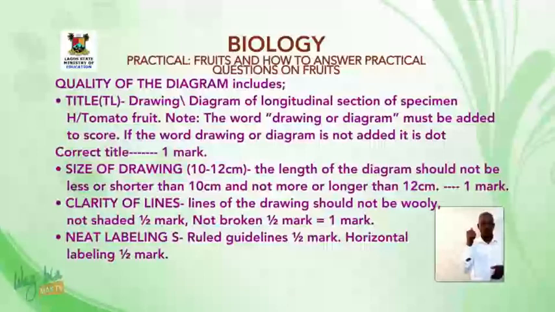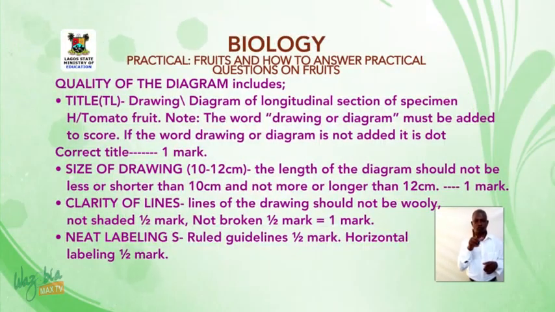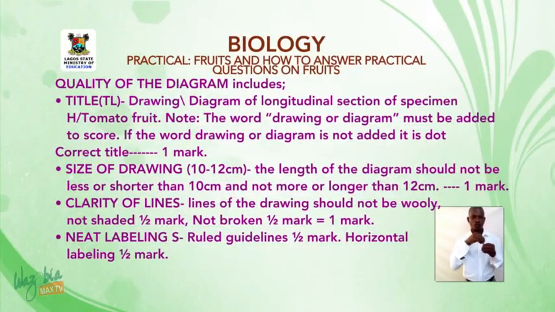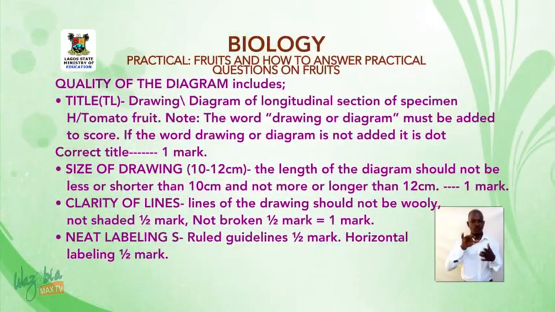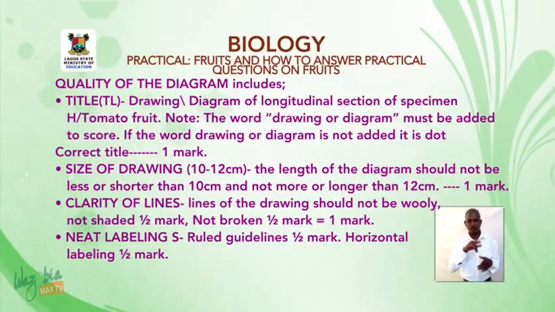Size of drawing 10 to 12 centimeter. The length of the diagram should not be shorter than 10 centimeter and not longer than 12 centimeter. 1 mark. Clarity of lines. That is, lines of the drawing should not be woolly nor shaded.